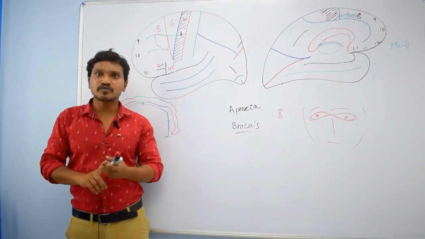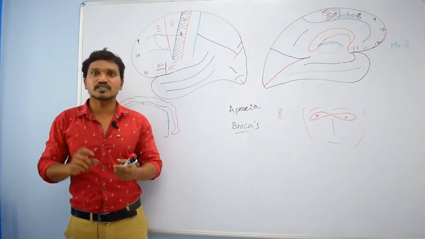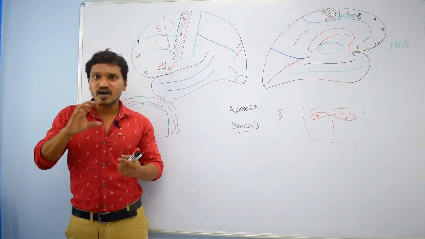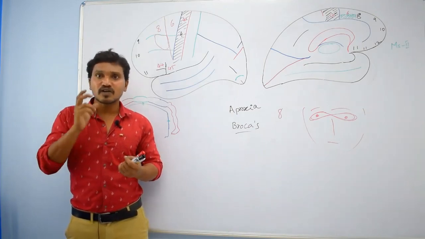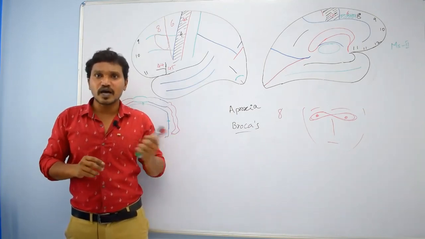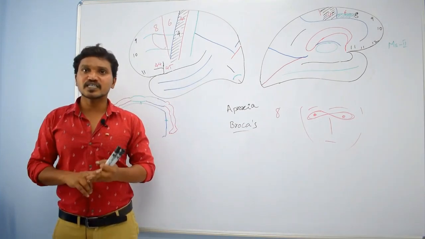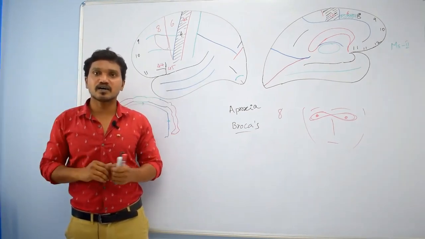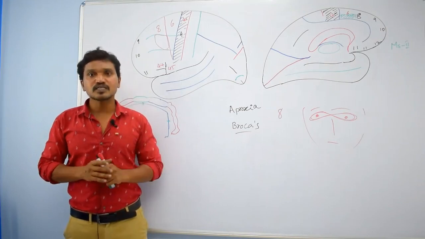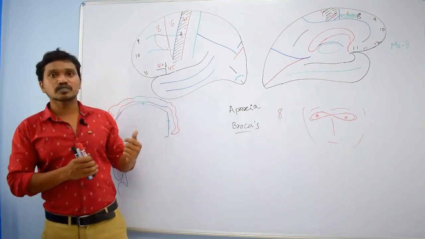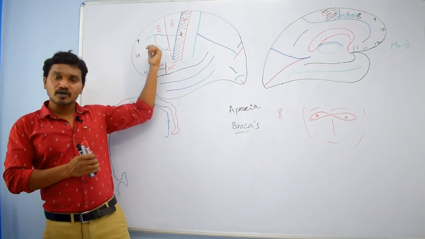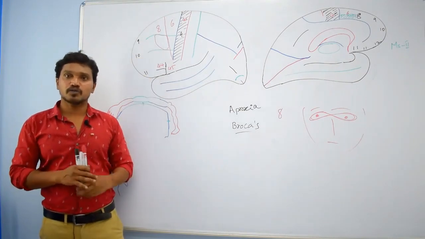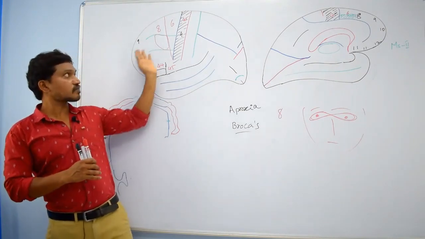Then, loss of morals and social sense, and loss of judgment, loss of love and affection towards his family and friends, irritation, he will eat more, what we call hyperphagia. Right? So, these are some of the symptoms in frontal lobe syndrome. Right? So, with this we completed the frontal lobe.